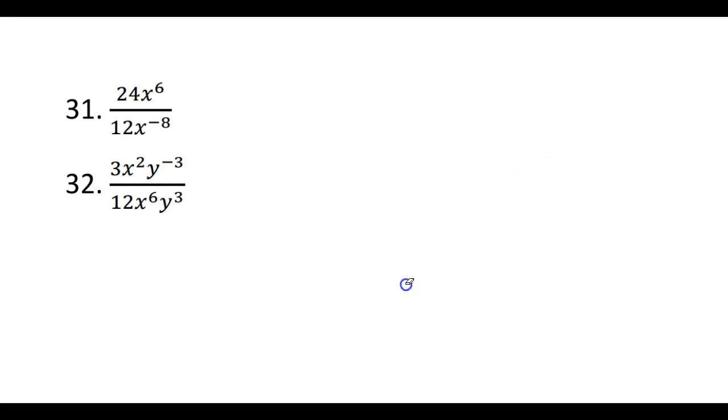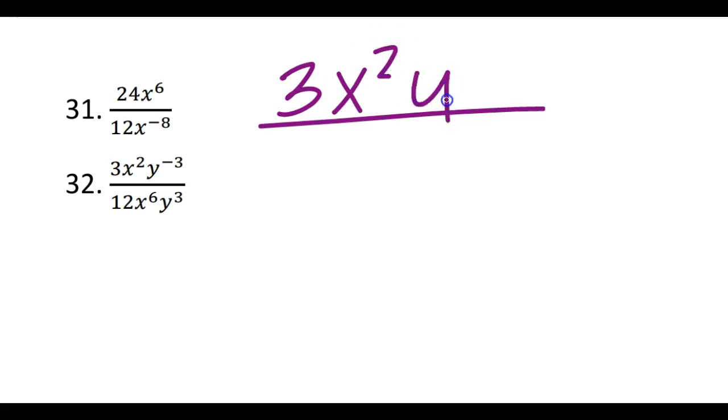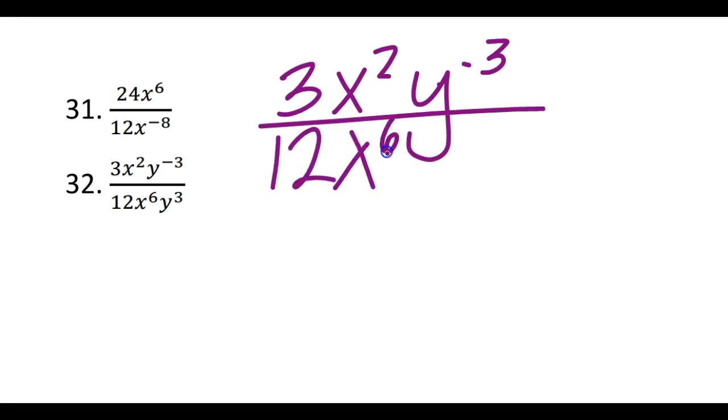Well, it's basically the same principle, right? So we have 3x to the 2nd power, y to the negative 3rd power over 12x to the 6th power, y to the 3rd power, right? So let's just take it part by part.